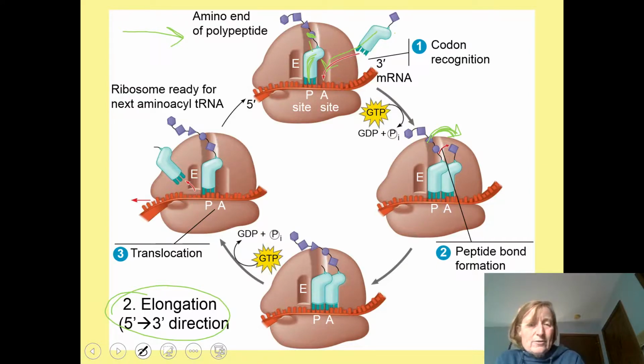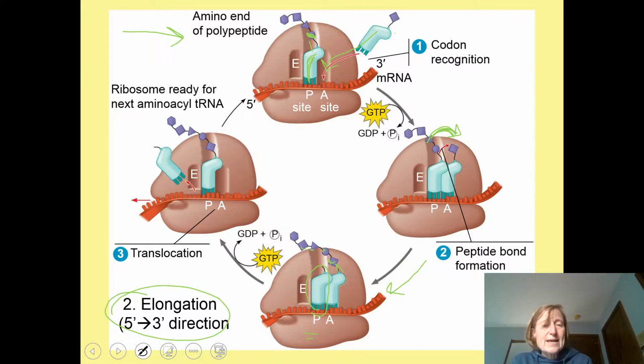And so now, if we look down here, a peptide bond forms. That's a covalent bond that connects our two amino acids like our poppet beads. And then we now have a tRNA molecule that's empty, right? It doesn't have any amino acid on it anymore. And we have a tRNA molecule in the A site that is all charged up with this nice chain, okay? And this one happens to be longer than ours.